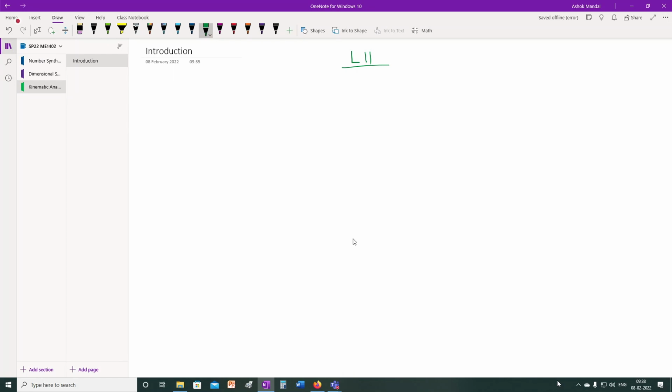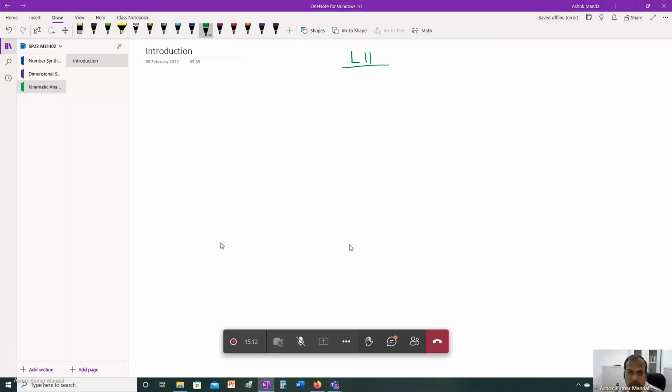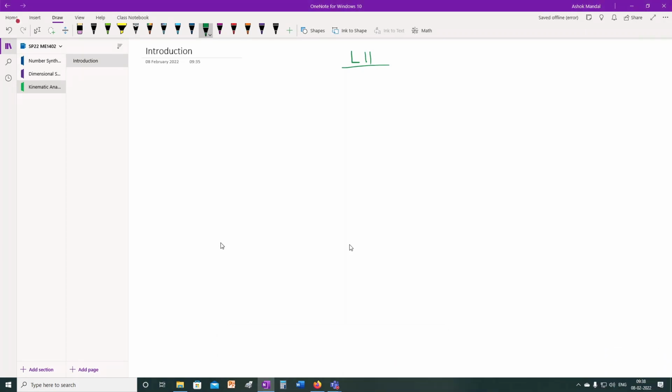Using those analytical methods, you can analyze the mechanisms in a systematic way, and what we are going to study today is very relevant to dynamics. Because if we have a very good idea of kinematics, then we can use those ideas in dynamic analysis.